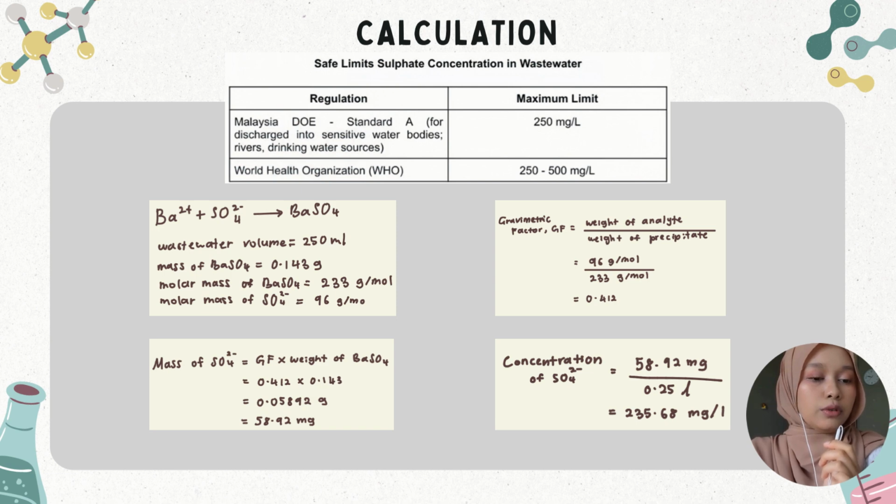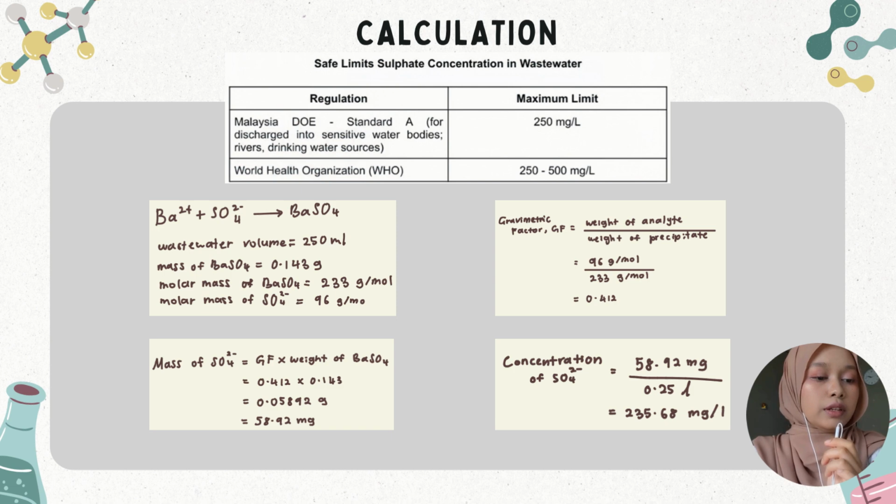Next step is we're going to find the mass of sulfate, and we're going to include the formula of gravimetric factor multiplied by weight of barium sulfate. So that is 0.412 multiplied by 0.143, and we get 58.92 mg after we've converted.